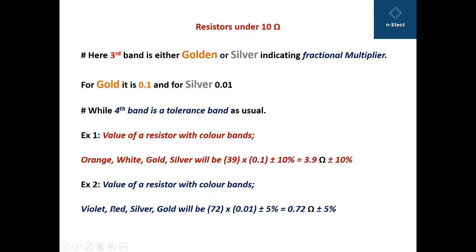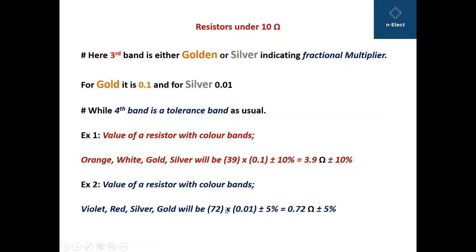One more example we will see. Value of resistor with color bands violet, red, silver and gold. Again you see the third color band. Third color band is silver, so naturally again there will be a fractional multiplier, and gold is the tolerance here. So here violet, 7 is the digit associated with it, as we have seen in the table.